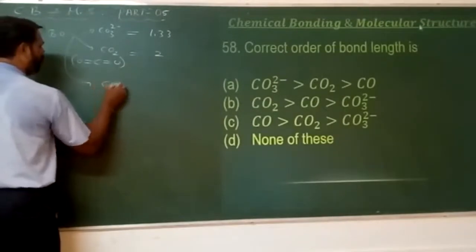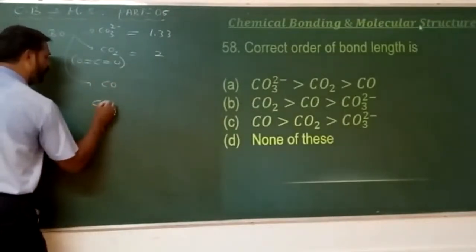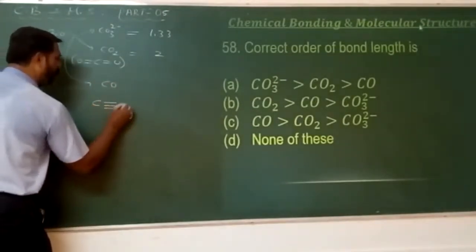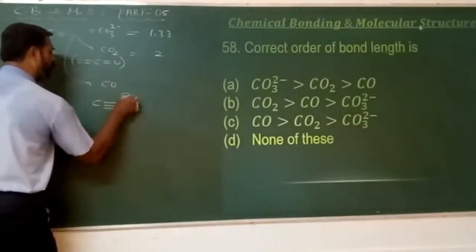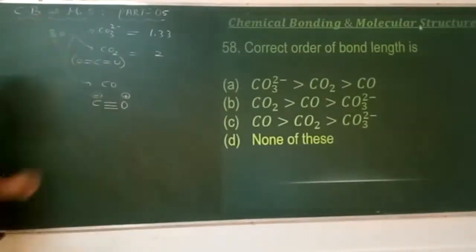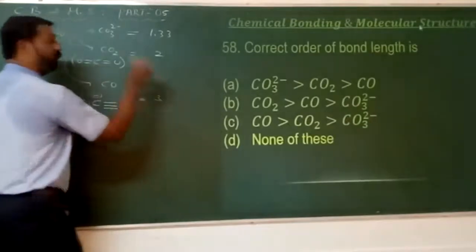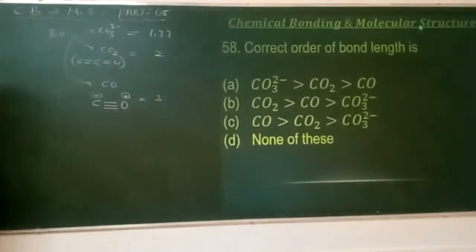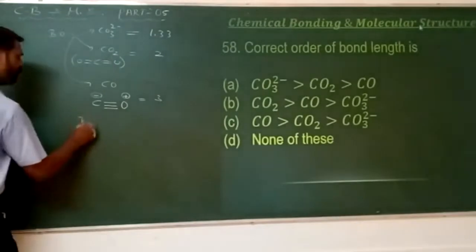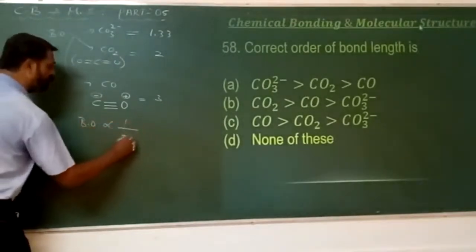Carbon monoxide structure is C triple bond O plus and then the minus. Here what is the bond order going to be? How is bond order related to this? It is inversely proportional to bond length.